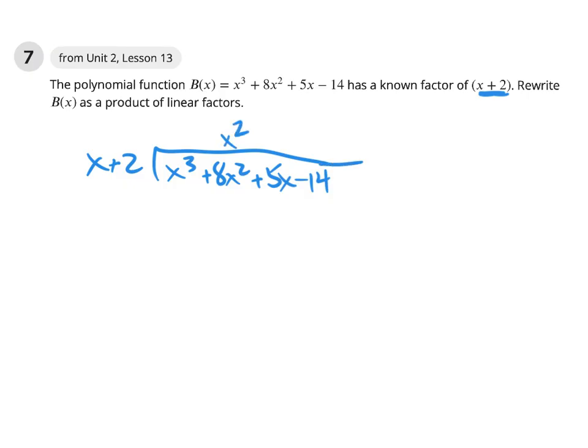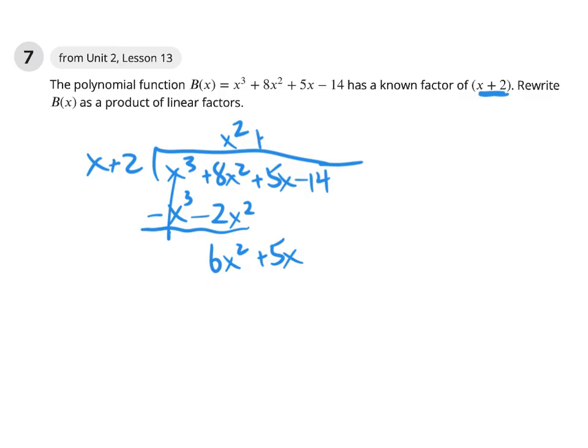So x squared, we multiply to match the first term. Doesn't matter about the next term. Step 2, change both signs. Step 3, add or subtract. Step 4, bring down the next one. After you've eliminated the first term, once they cancel out, you start the process all over again.